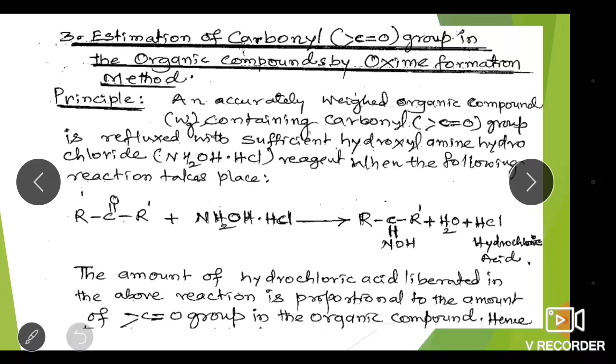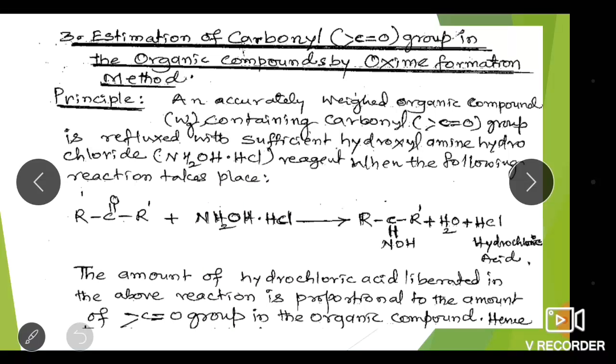Then the following reaction occurs: RC=OR plus NH2OH.HCl, that is nothing but hydroxylamine hydrochloride. Then this hydroxylamine hydrochloride reacts with the carbonyl group to give side product water and HCl.